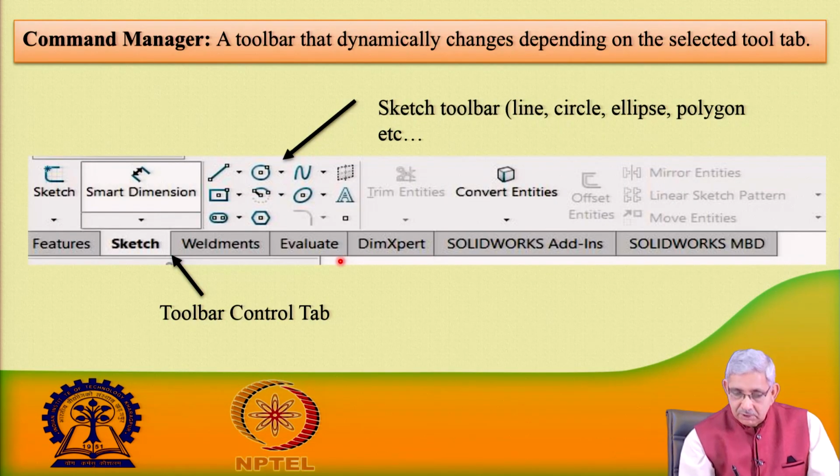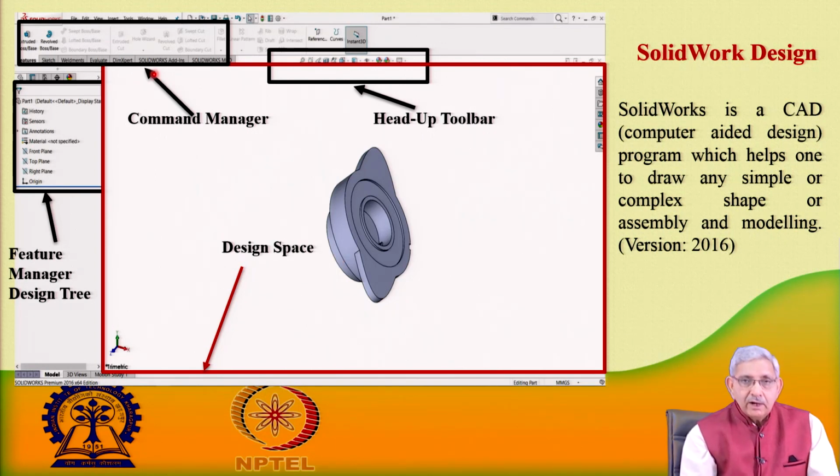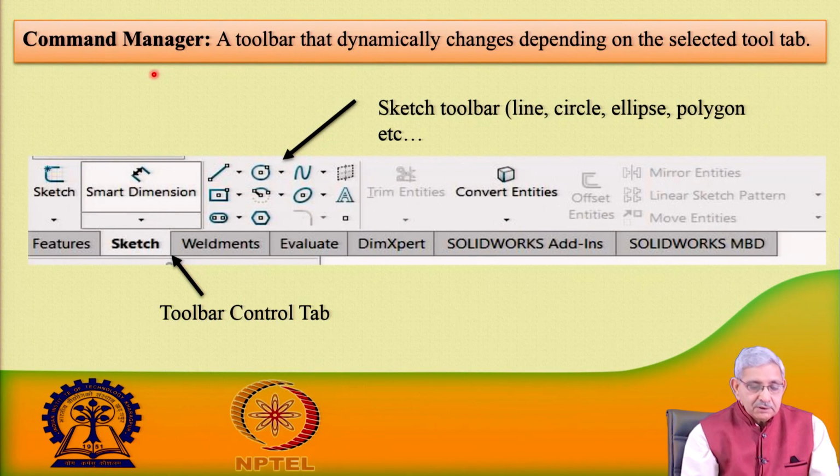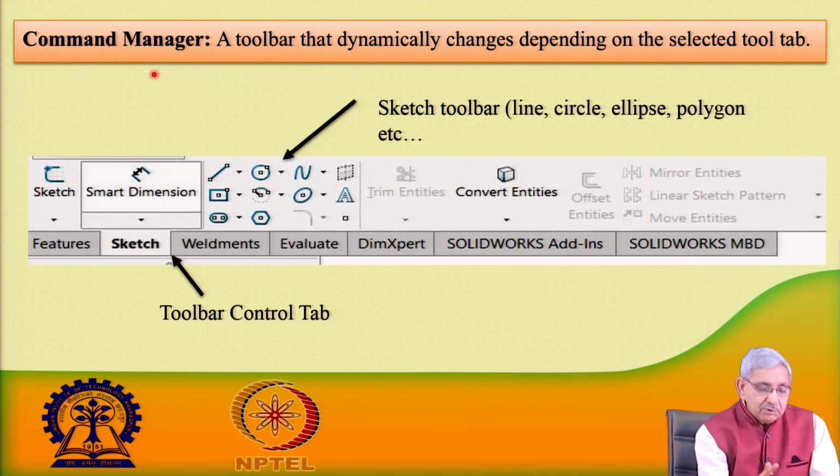There are different features of the command manager. It is a toolbar that dynamically changes depending on the selected toolbar. If you want to sketch, you finalize what the dimension should be, and then you want to make certain changes because we want to make a particular shape.